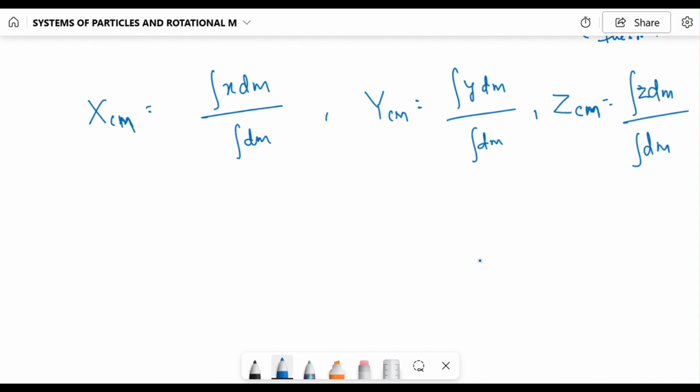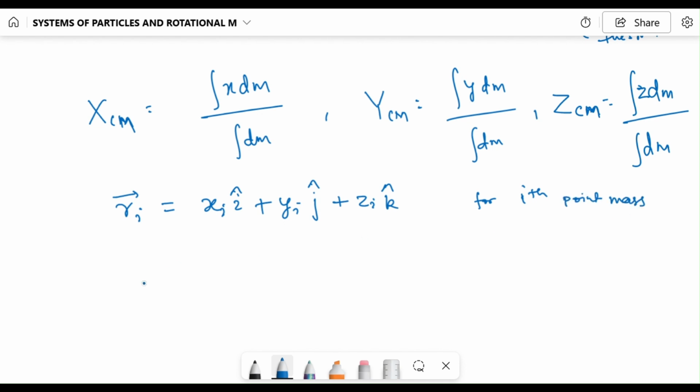Okay, now adding vector notation, what will be the scene? If we say that ri is the position vector for the ith point mass in the system, then it is xi i cap plus yi j cap plus zi k cap. This is the position vector for the ith particle in the system of particles.